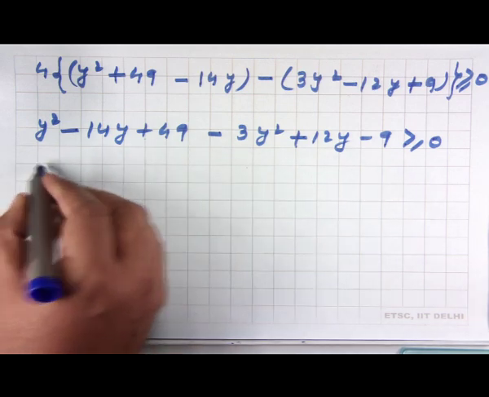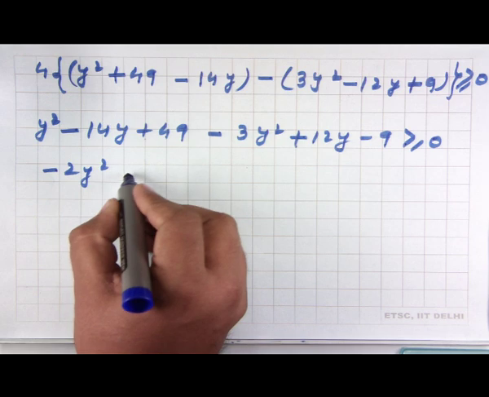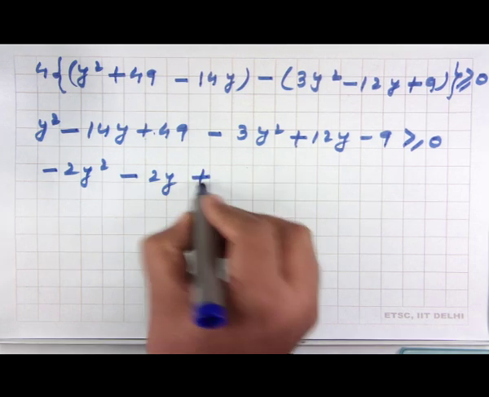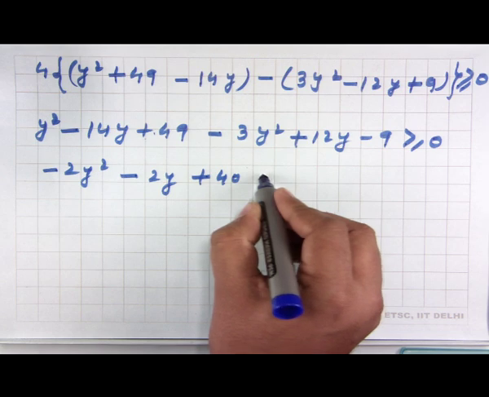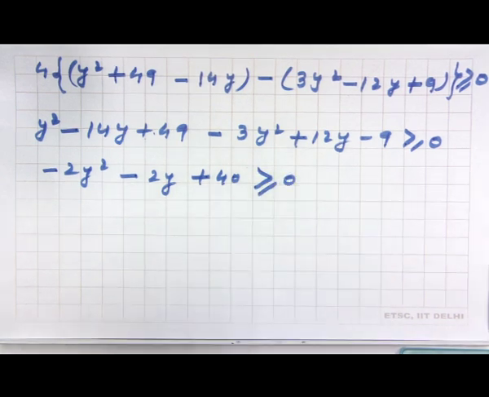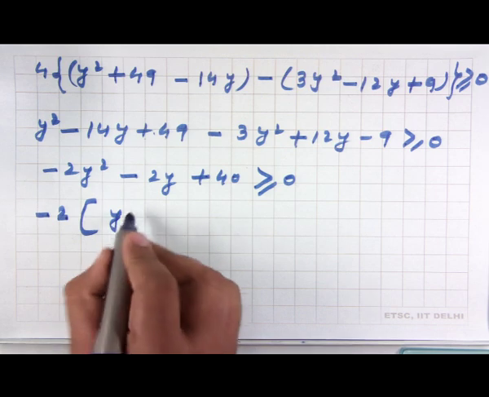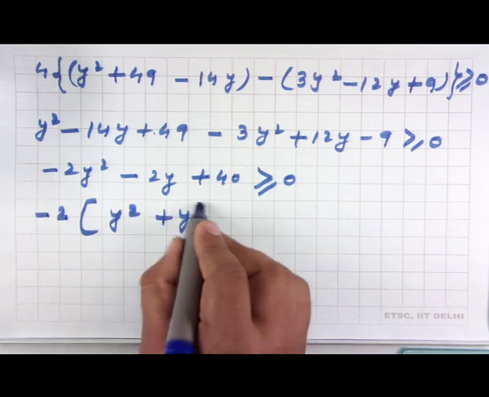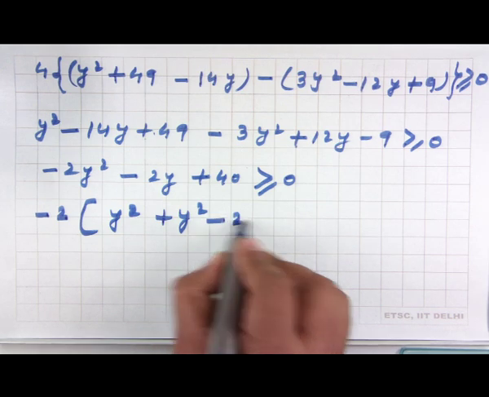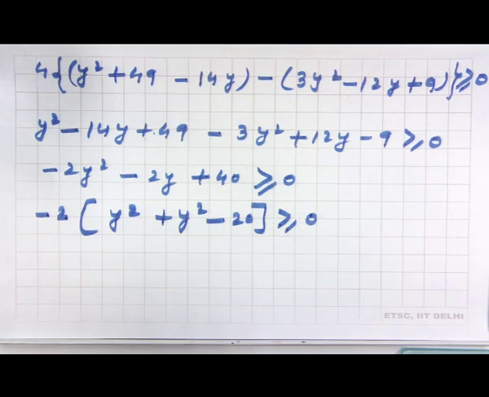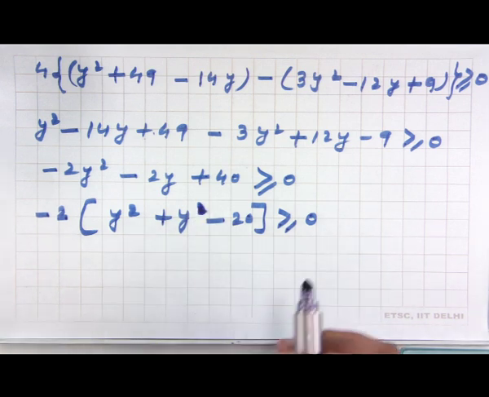It will be minus 2y square minus 2y plus 40 greater than or equal to 0. Now, we are taking minus 2 common: y square plus y minus 20 is greater than or equal to 0.